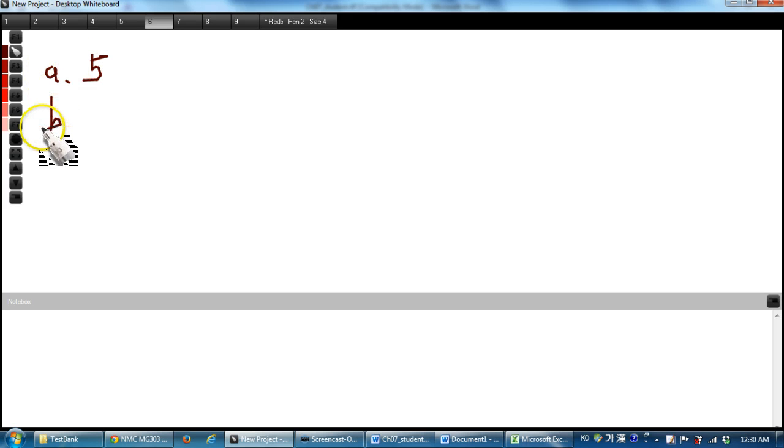And question number B is what's the probability. Let me switch to another reading glass. What's the probability that sample mean will be greater than 960?